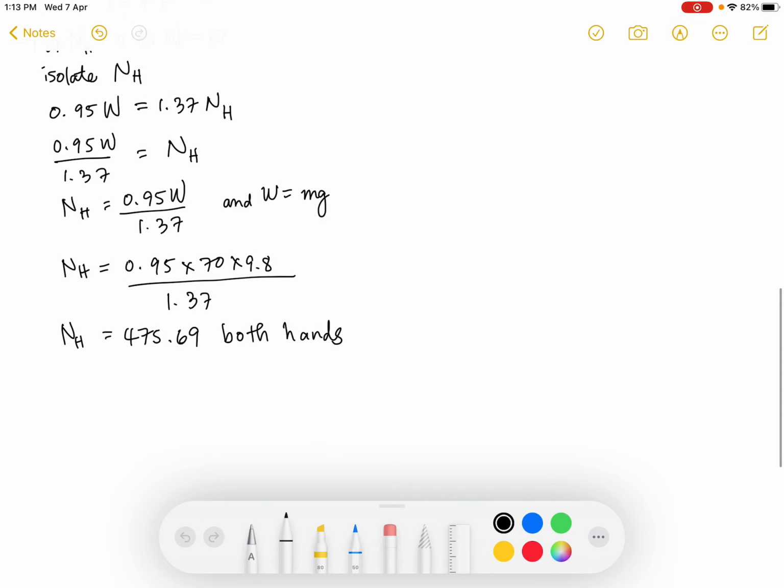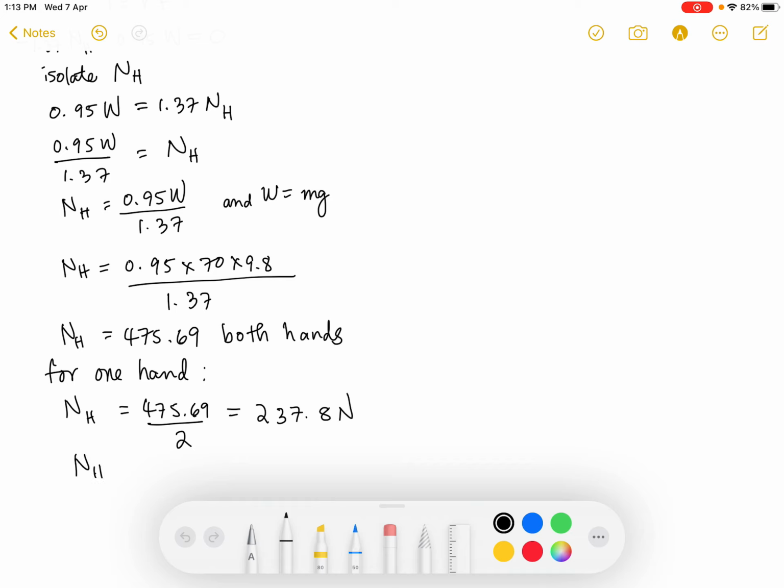I want just the normal force on one hand, so I divide this by 2 to get 237.8 newtons, or I can round that to 238 newtons.